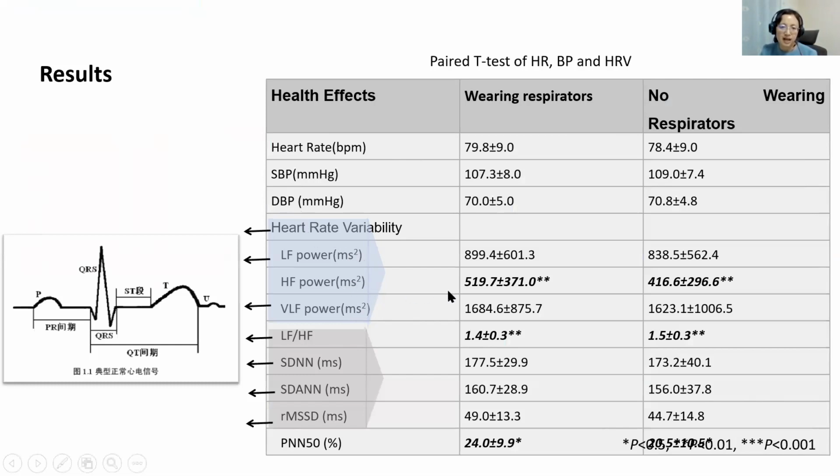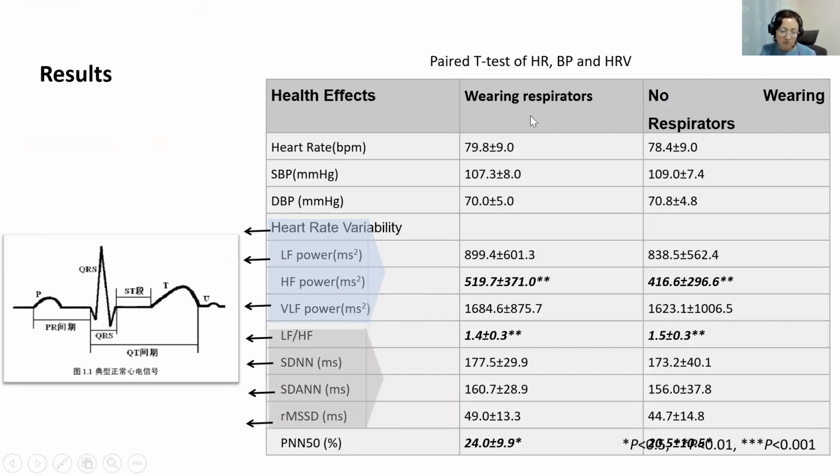The significant differences here include the high frequency power, the low frequency to high frequency ratio, and another indicator called PNN50. The full name is very long here.